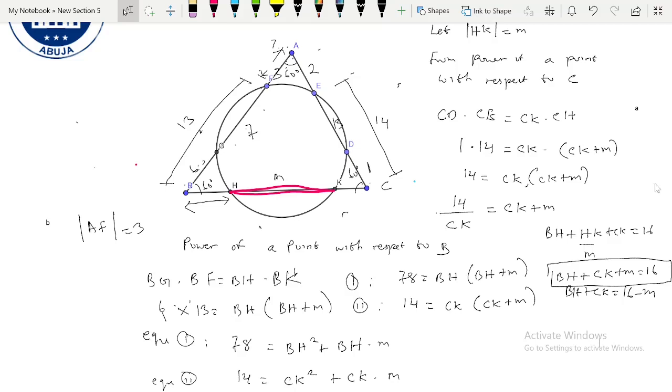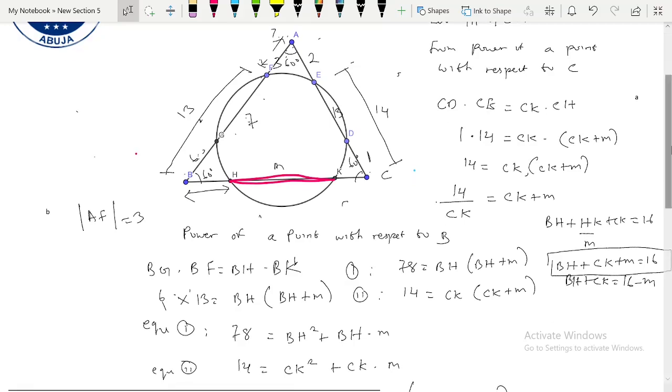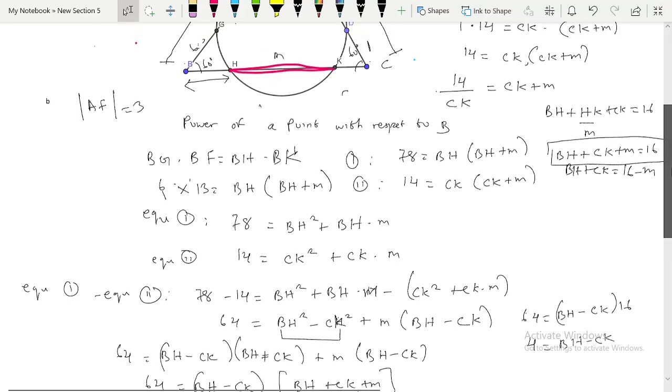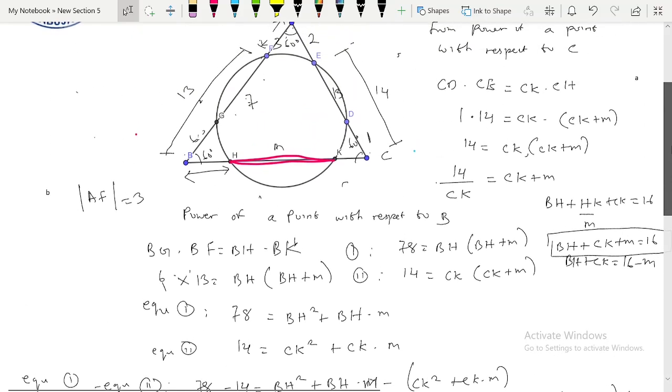So we have what BH plus CK and BH minus CK are now. They are like 16 minus M and 4. The triangle is still equilateral. That's one thing we should keep in mind.